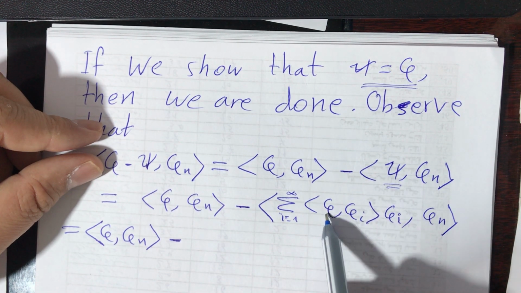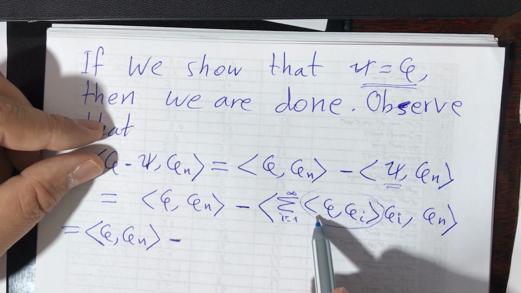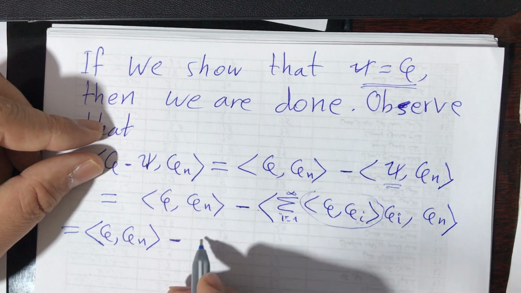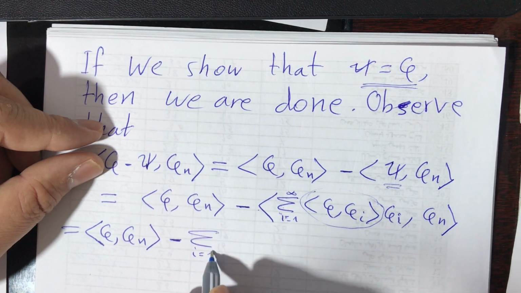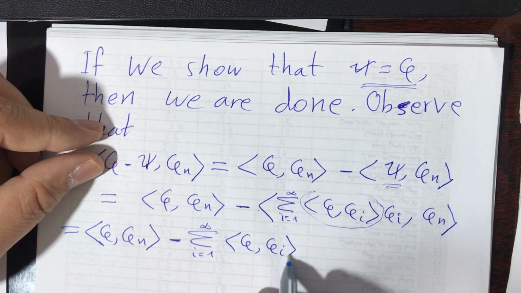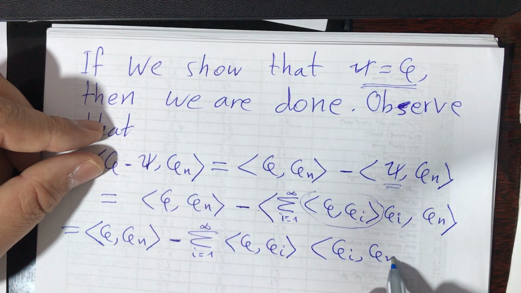move the summation out, and these are actually real numbers or constants. Move here summation i from 1 to infinity, phi i, and this is still phi n here.